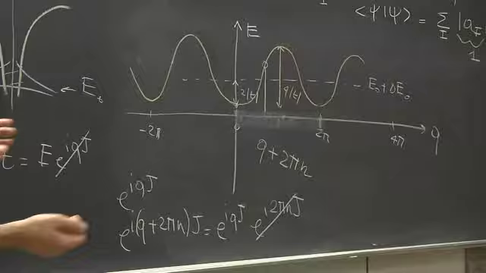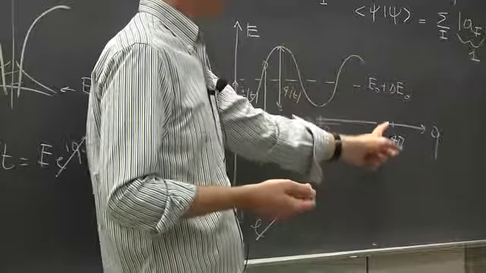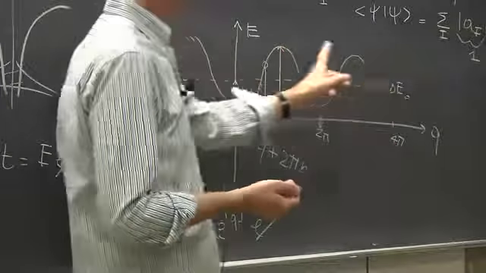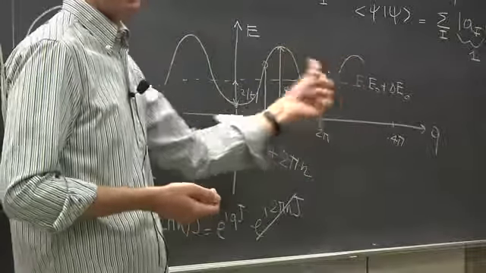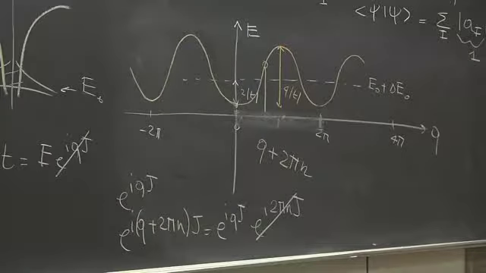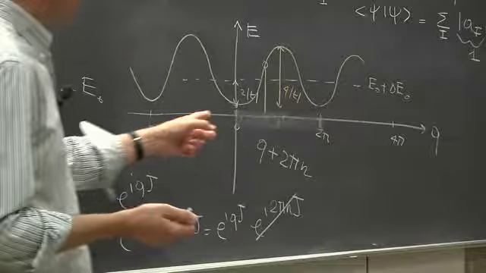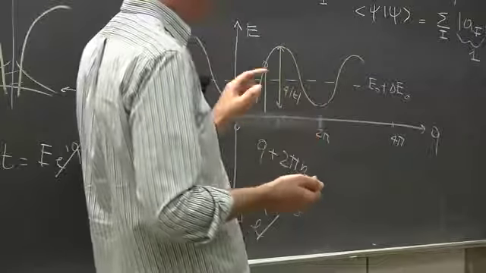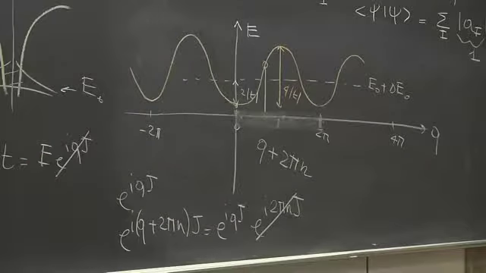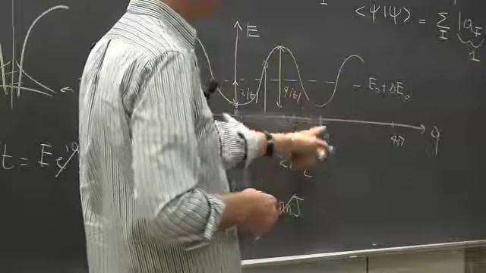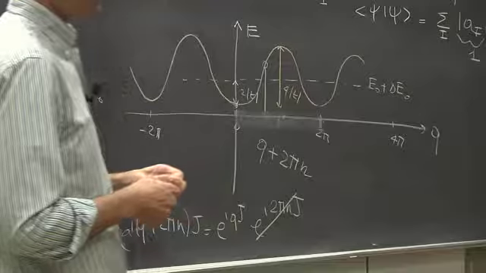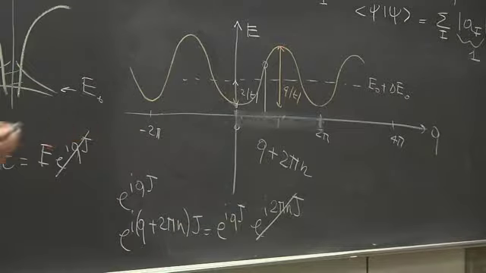I don't lose anything if I say this, because whatever solution I find outside, there will be exactly the same solution inside this segment if I translate by the appropriate number of 2 pi's, 1, 2, or 3 times n times 2 pi. I don't need to go outside. I can live my life between 0 and 2 pi, and I'll be able to find all possible solutions. Because every solution that is outside, I can bring it back inside 0 to 2 pi, and I will find exactly the same solution with an appropriate translation by 2 pi times n.